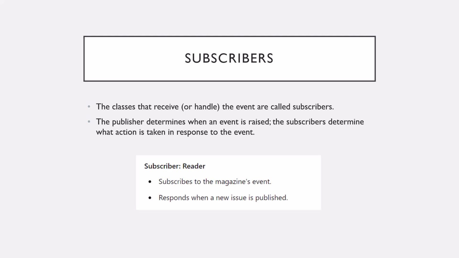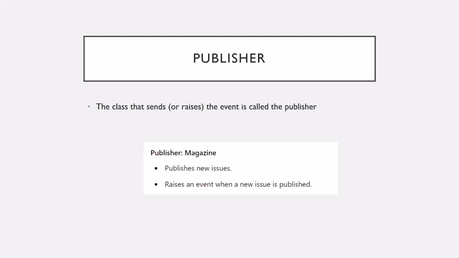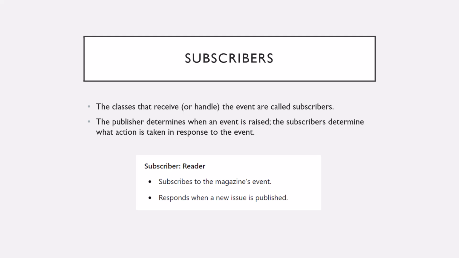In our analogy, the publisher publishes the magazine for new issues and raises a new event when a new issue is published, and the subscriber, the reader, subscribes to the magazine's event and responds when a new issue is published.